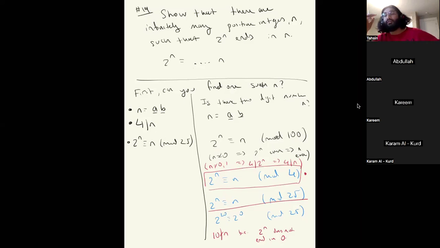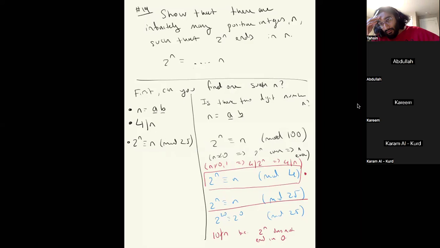We want 2 to the n congruent to n mod 25, but is there something easier we could go for? Does it make sense what I'm asking? Maybe this is hard to solve. Is there something easier?